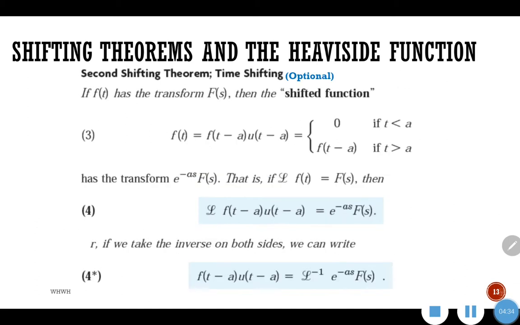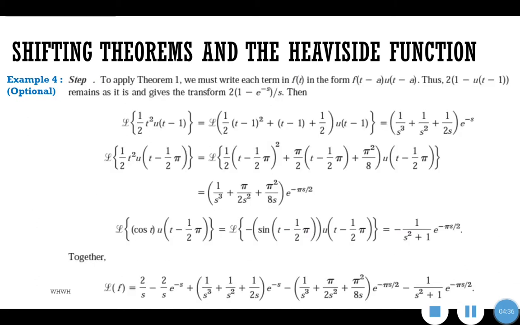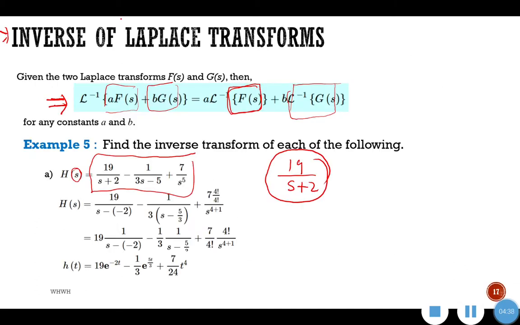Tengok sama tak jawapan yang terpapar kat sini? Okay, nampak? 19 e to power of minus 2t. Okay, and then we move to the second term. Second term, negative tu carry je lah. Tolak masuk dalam t domain pun masih lagi minus kat sini.